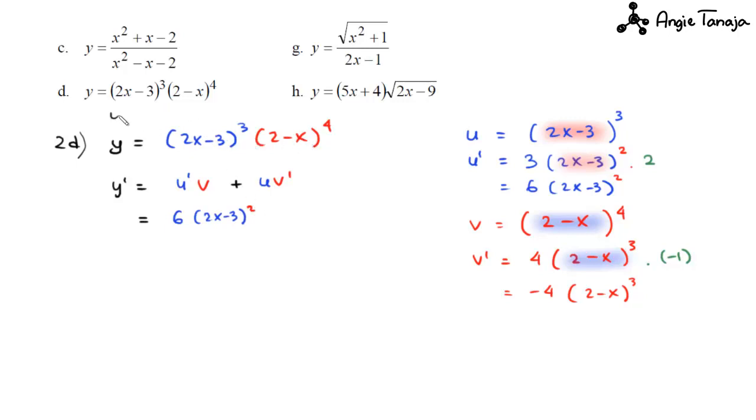Y equals u times v, not u over v. For division, you use the quotient form with the minus. So this one is u prime v. V is still the same. Plus u. Our u is 2x minus 3 cubed, times v prime. Our v prime is this one.